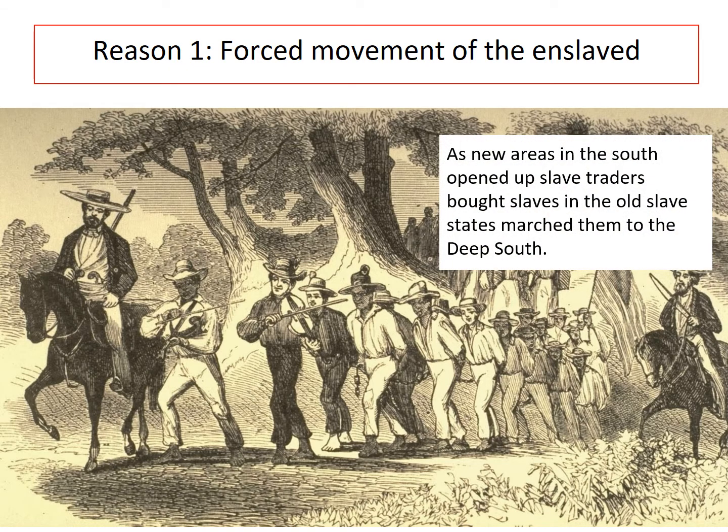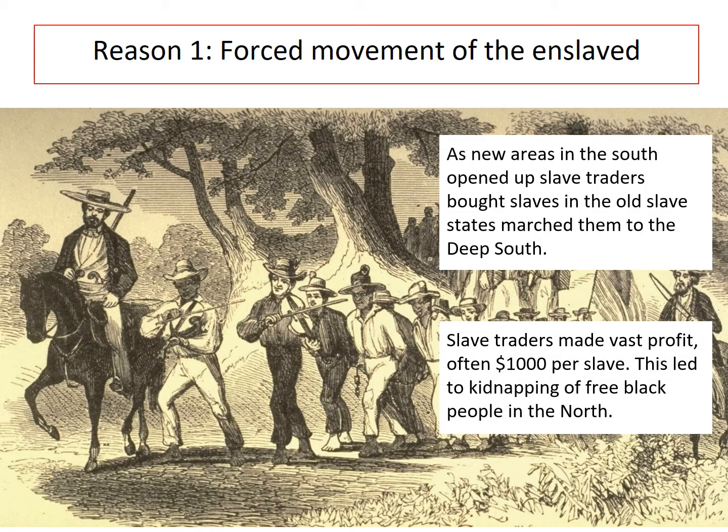As new areas in the South open up, slave traders buy up slaves in those old slave states and march them to the Deep South. The man on the horse at the front would have been a slave trader, and he would have bought these slaves in one of the more central or northern states, and he is marching them to the Deep South where they will work in the plantations.